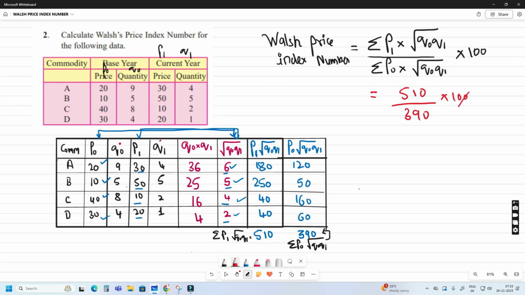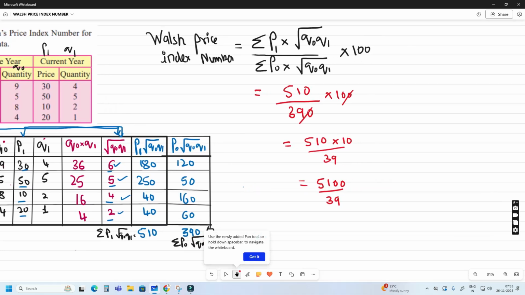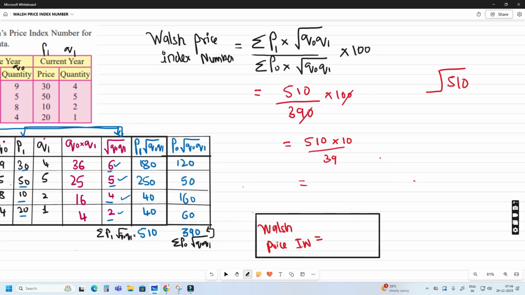So you can cancel this 0 and this 0. Okay, so now we are left with 510 into 10 divided by 39. So that will be 5100 divided by 39. So let us कैल्कुलेटर अगर आपको अलाउड है तो आप डायरेक्टली डिवाइड कर सकते हो, कैल्कुलेटर अलाउड नहीं है. 510 divided by 39, 39 times 1 will be 39.